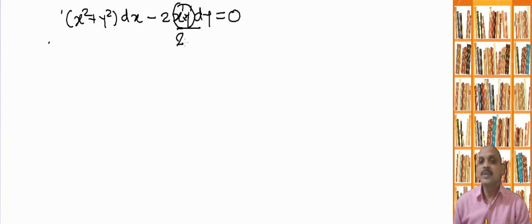So everywhere we get degree 2, and hence it is a homogeneous equation.